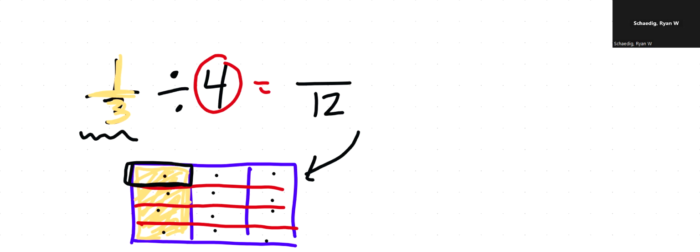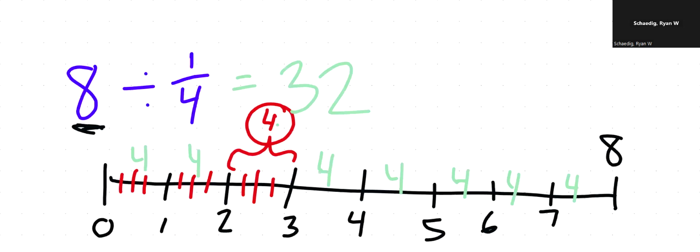We can see there's 12 total, but actually one of these is just 1/12. One of the shaded pieces is 1/12. So when we take 1/3 and we divide it by 4, we end up with 1/12. Okay, and that's the work again, when we have a fraction first, what do we do? Which is different than when we have a whole number first, what do we do?